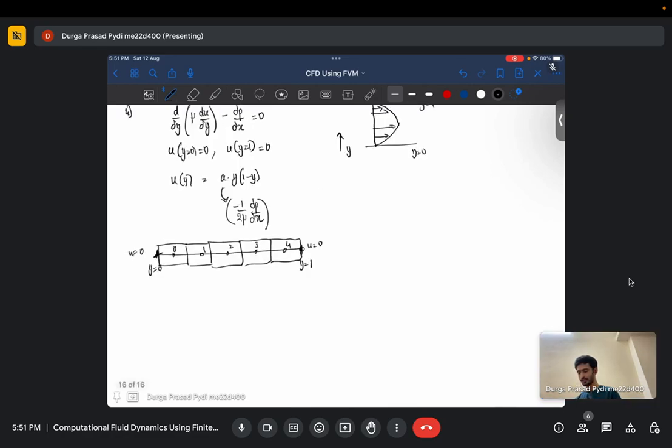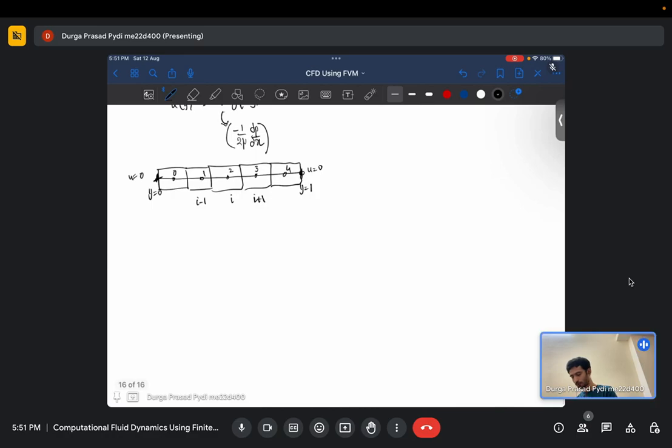Now you take an integral over a definite cell. Call these I minus 1, I and I plus 1. If you integrate for the ith cell, this goes from I minus 1 to I plus 1 of d/dy, minus dp/dx, into dy equal to 0.